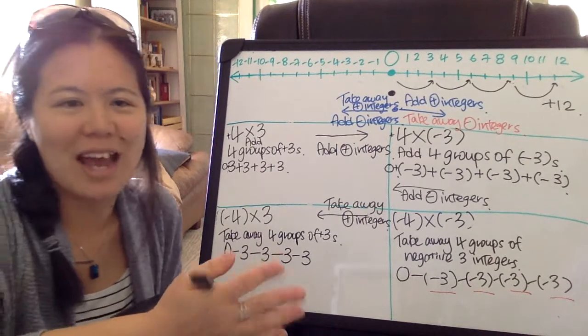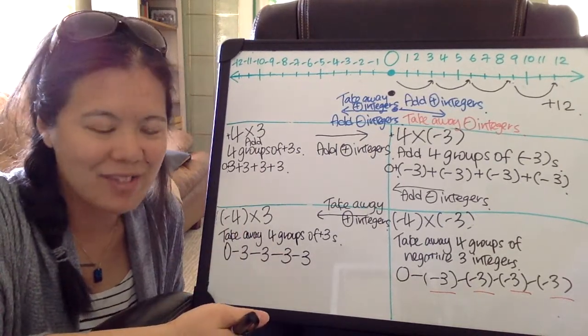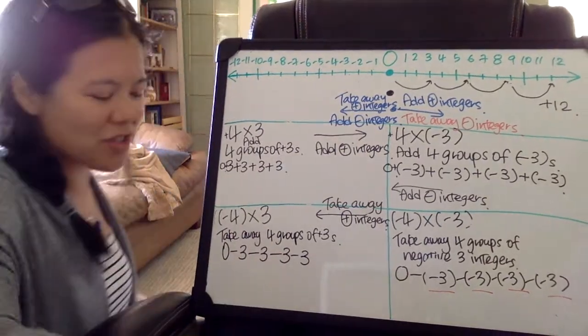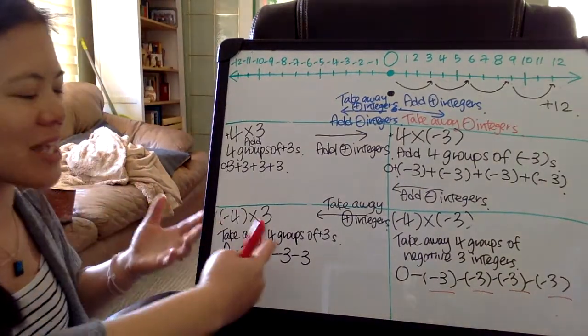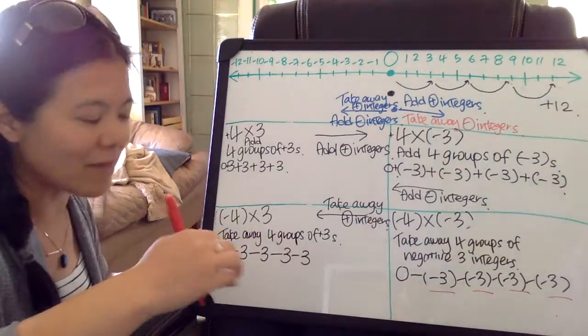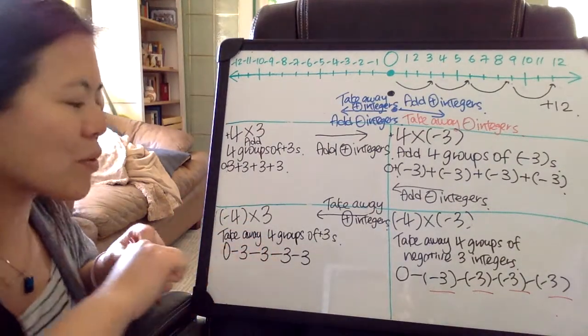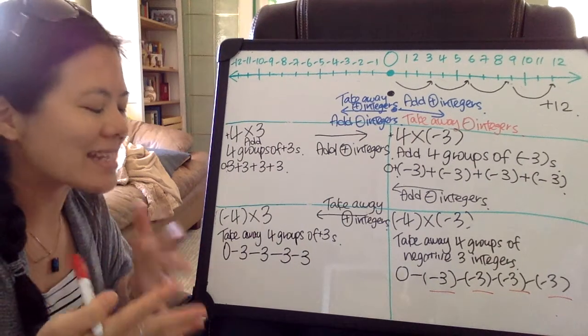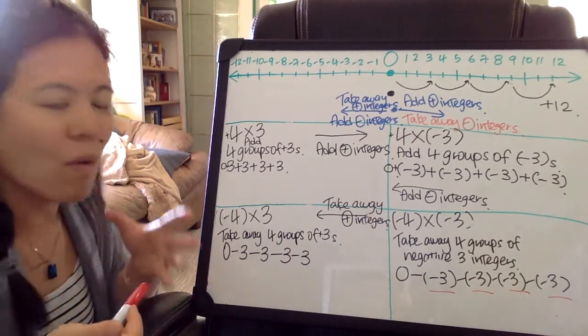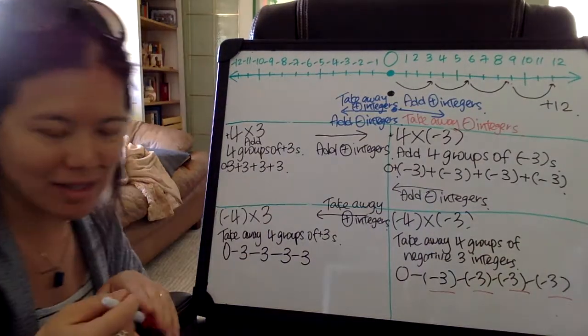And of course, I already went over the integer tiles, and if I were to do integer tiles, it's very similar. Just to quickly review, for example, if I'm taking away 4 groups of negative 3s, then I will create zeros, because you always start at 0, until I have 4 groups of positive 3s to take away.